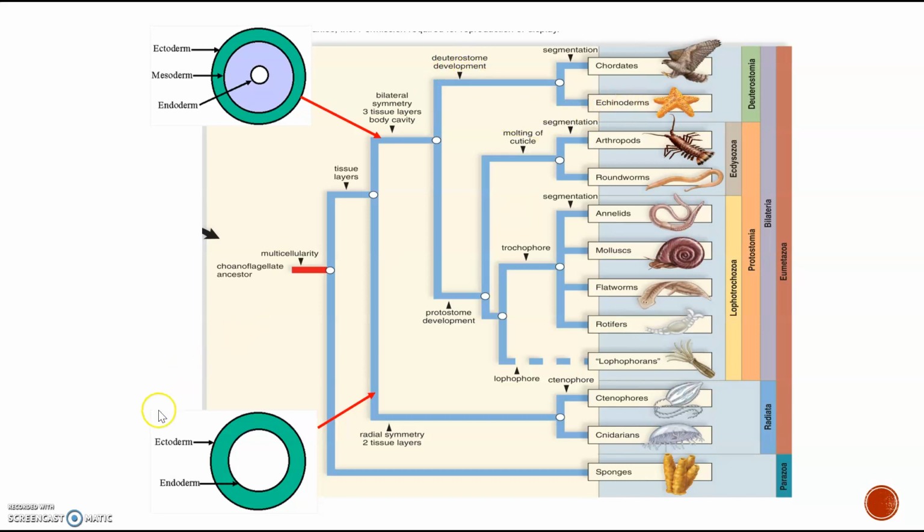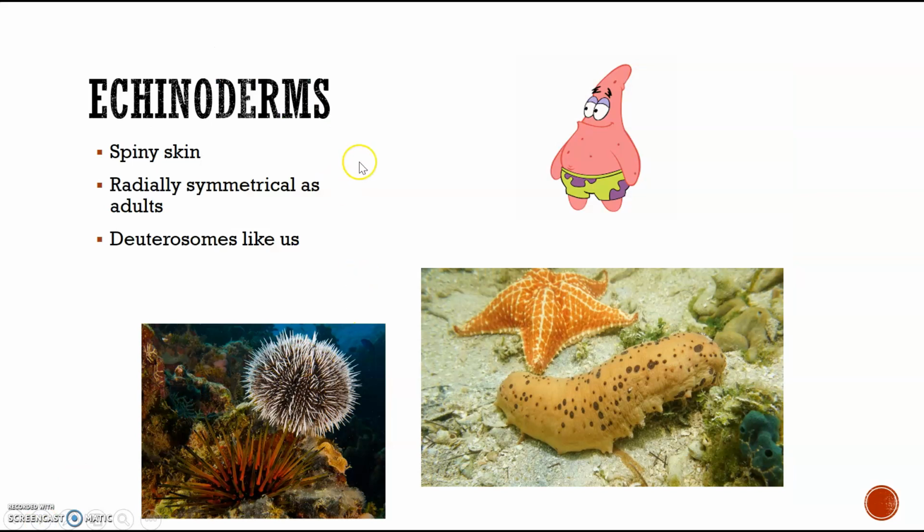And so we're going to be talking about these guys, the echinoderms. So echinoderm means spiny skin. They are radially symmetrical as adults, but they are bilaterally symmetrical as larvae. Right? So that puts them sort of closer to us developmentally.